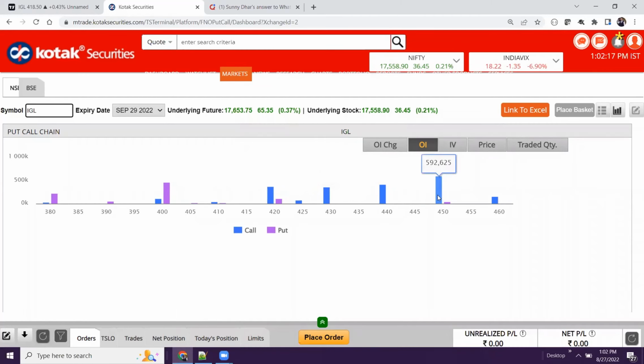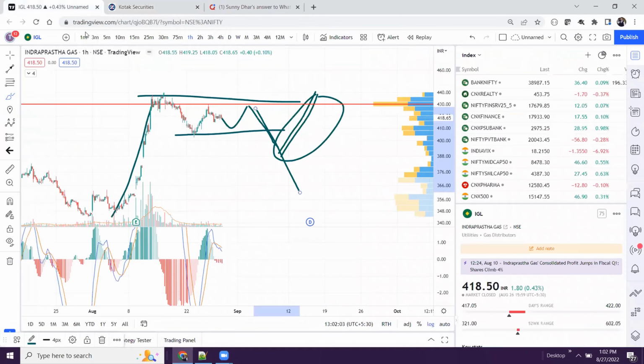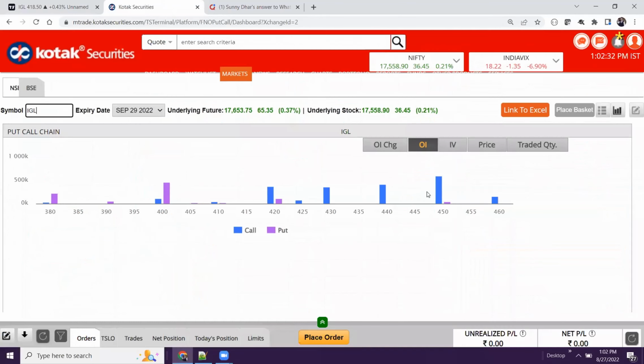And that's why someone has sold the 450 call. So it means it cannot go above 450 as per data, but it can come near to 450. There is a good possibility this high open interest data can be tested.